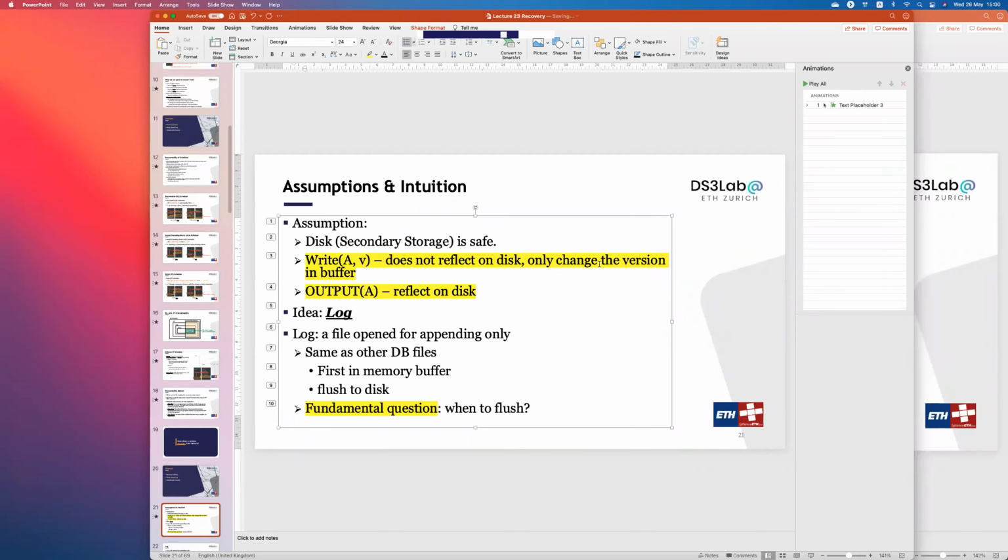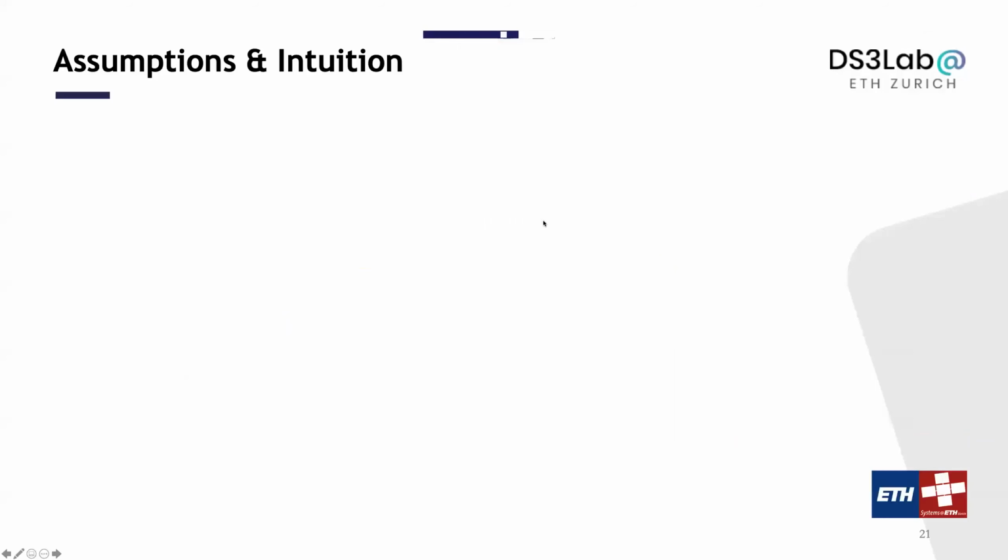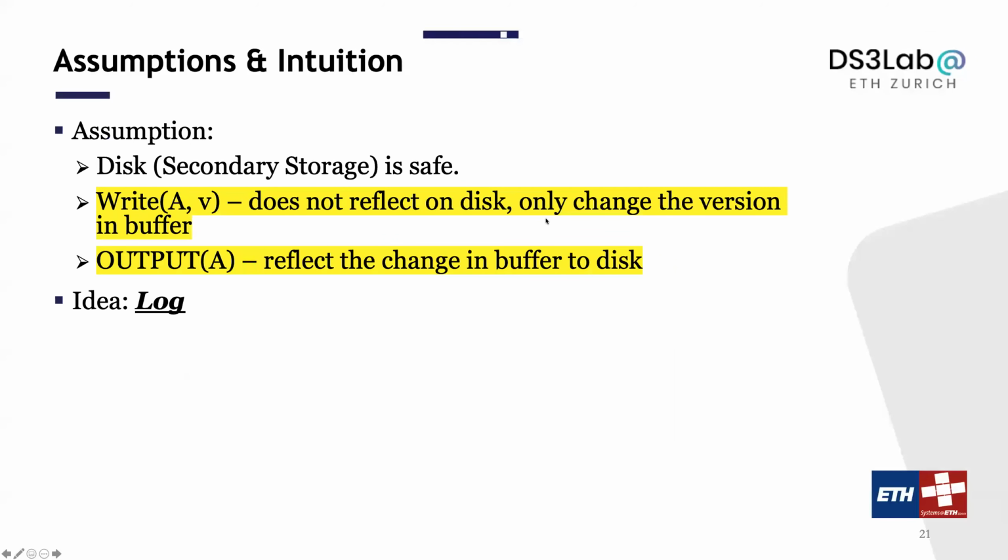Output is going to flush the buffer. So how do these correspond to SQL statements? If I say write, it goes to the buffer. So when exactly is the output going to happen?